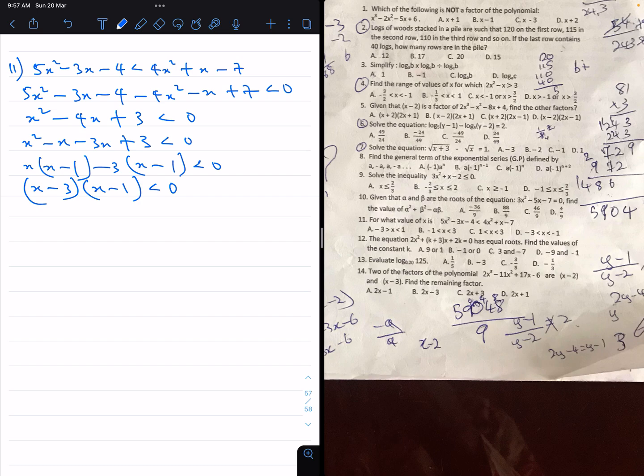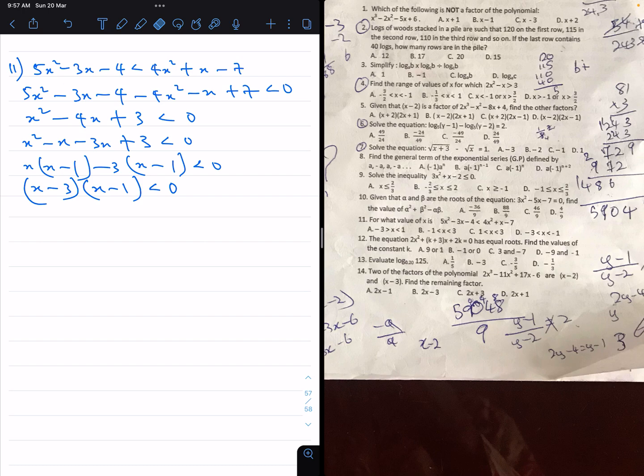So either this one is positive and this one is negative, so that when you multiply plus and minus, you get minus, and negative is less than 0. Or the first one is negative and the second is positive, and you get a negative result too. Exactly. The negative value is less than 0. So those are the two conditions under which the product of these factors can be less than 0.